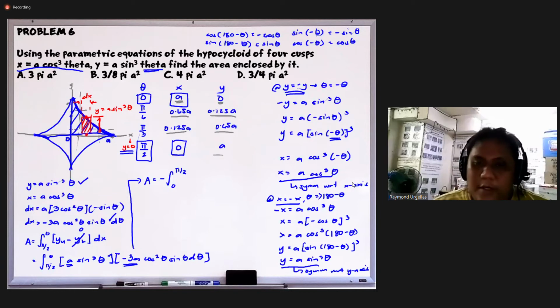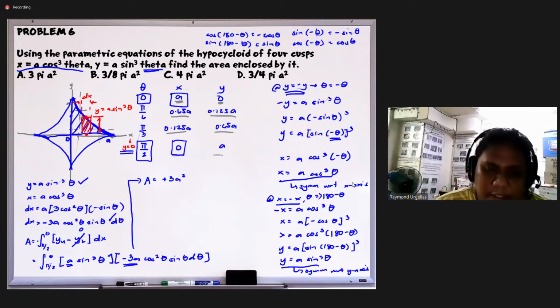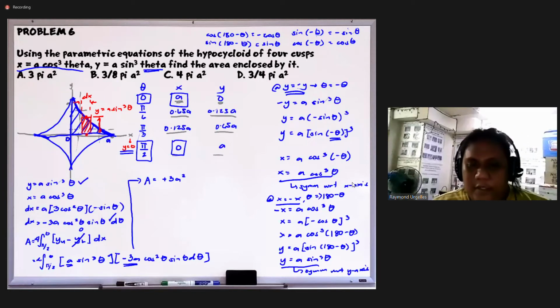We also need to multiply by 4, since we are only considering one quarter. So 4 times 3 is 12, and this will be positive 12a squared.